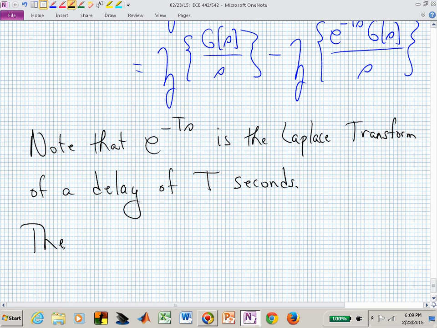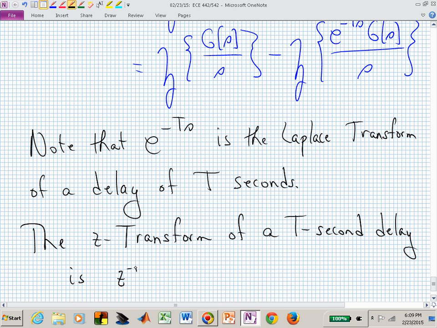And you've already told me that the Z-transform of a capital T second delay can be written in terms of Z as Z to the minus 1.